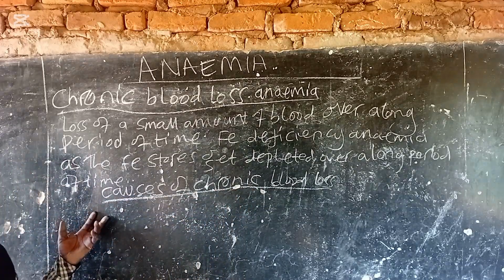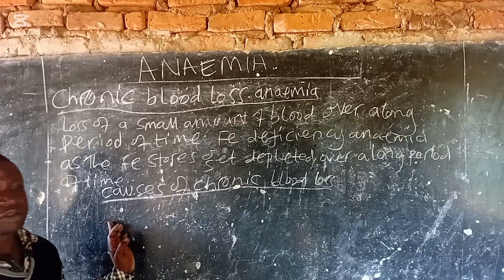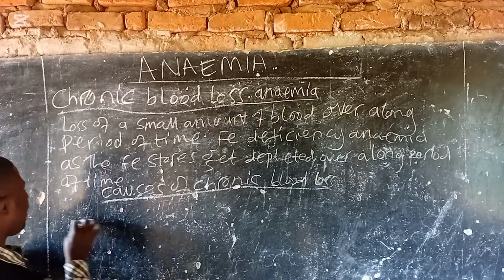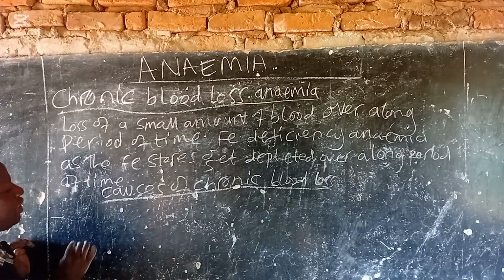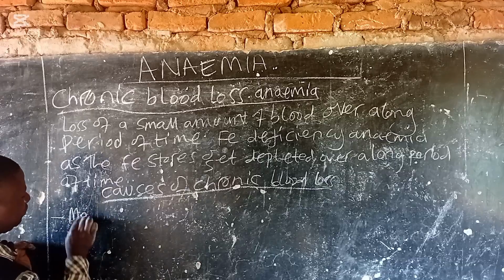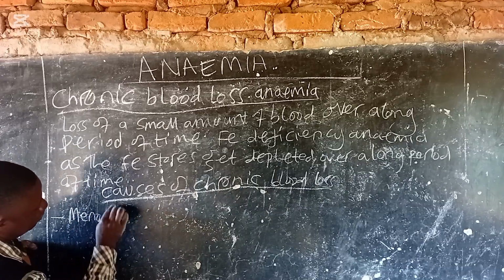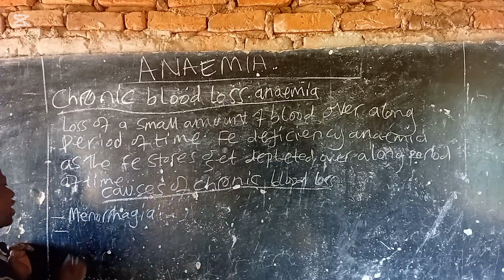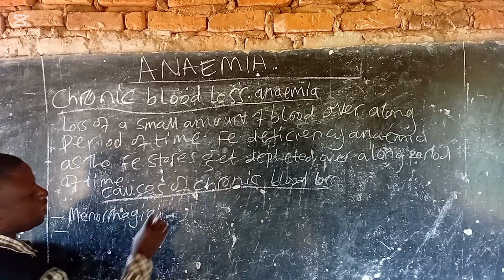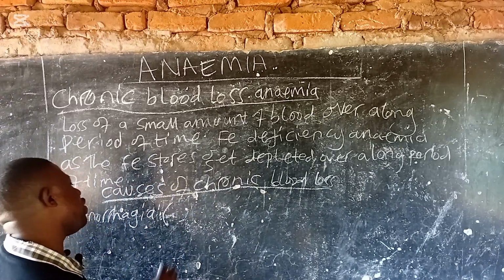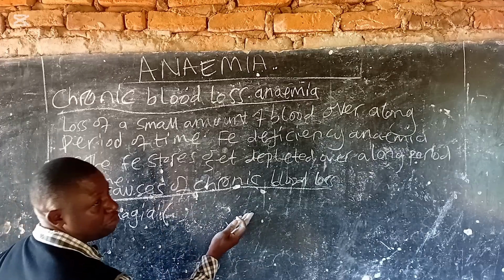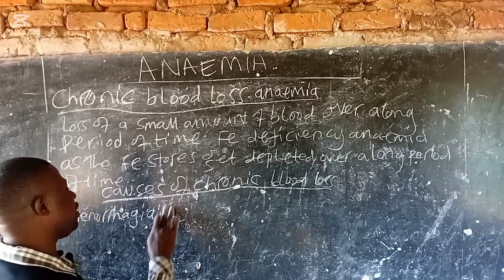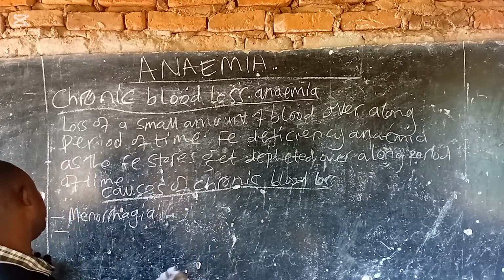What causes this chronic blood loss anemia? One of them is menorrhagia. This is chronic vaginal bleeding.